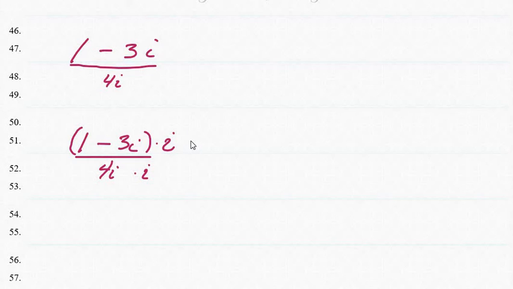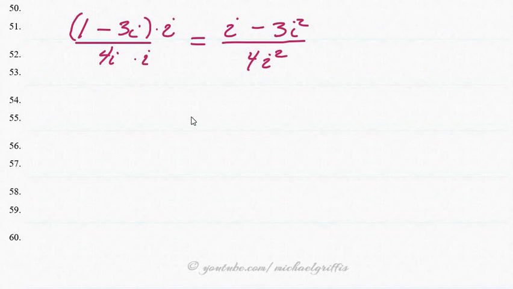See that? Because now I'm going to go ahead and distribute this across. Might as well do it now. Okay, that becomes 3i squared over 4i squared. What is i squared? It can get replaced with a negative 1.